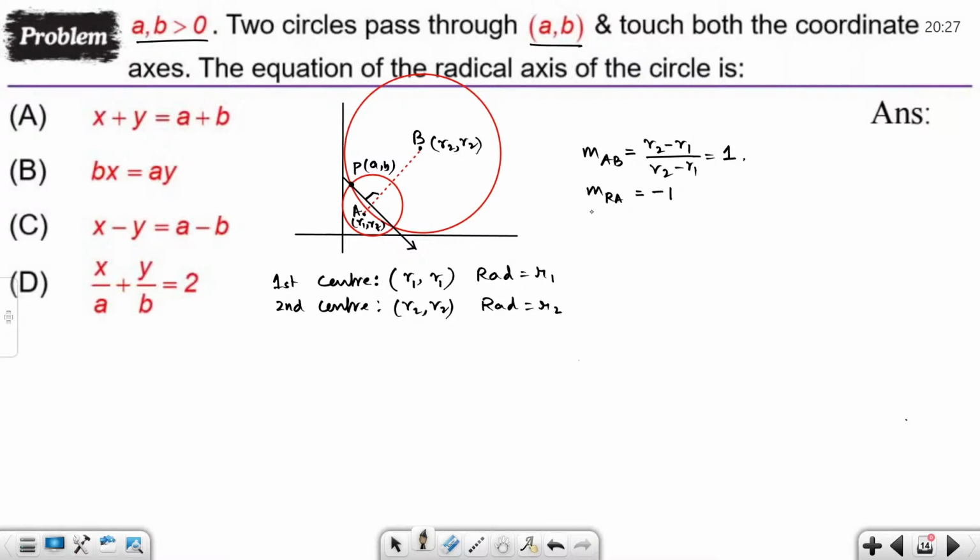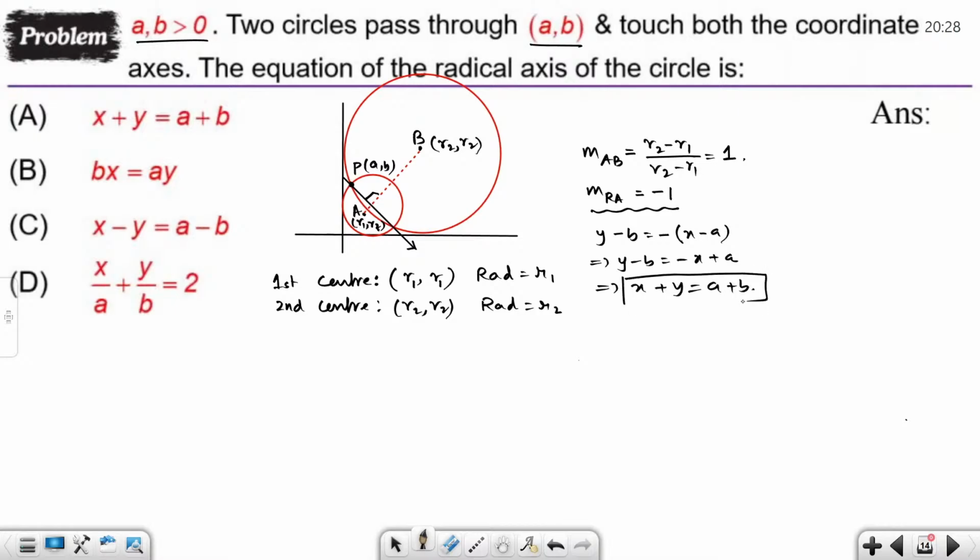So now you know the slope of the radical axis, and you know that the radical axis is passing through the point (a, b). Therefore its equation will be, simply by using point-slope form, y minus y1 equals m times (x minus x1). So that gives us, from here, x plus y equals a plus b.